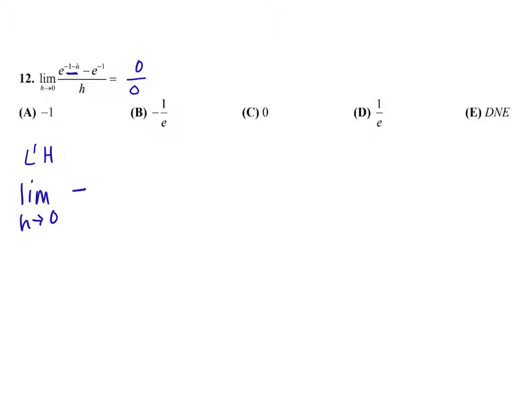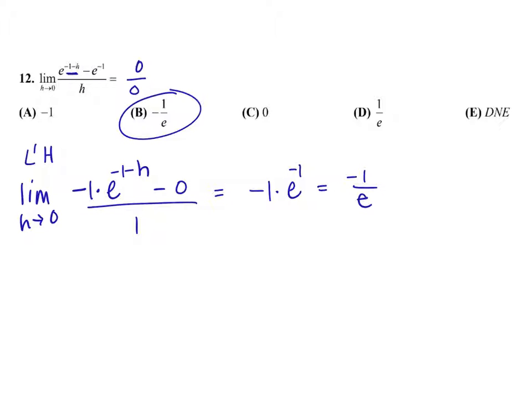So it looks like we're going to get a negative 1 out of that, times e to the negative 1 minus h. That's going to be minus 0, all over 1. And now plugging in our 0, we have negative 1 times e to the negative 1. And so that looks like that's going to be negative 1 over e. So that's answer choice B.